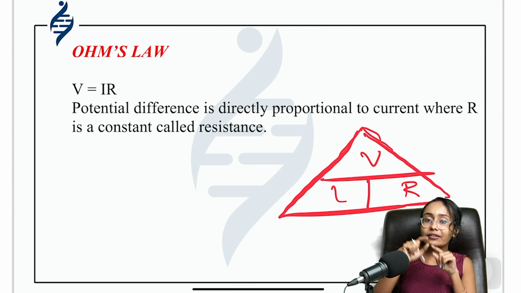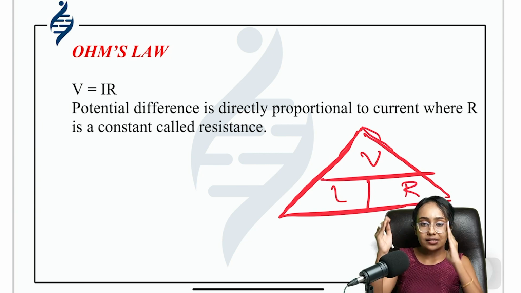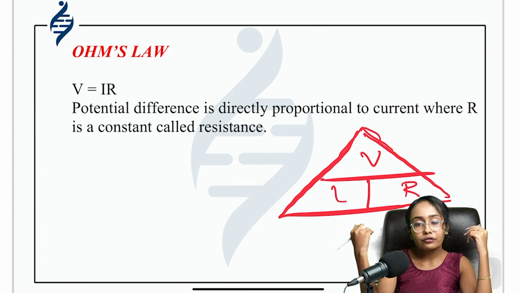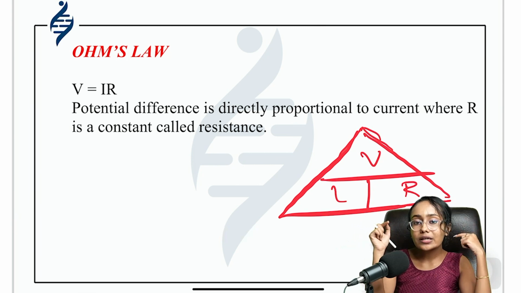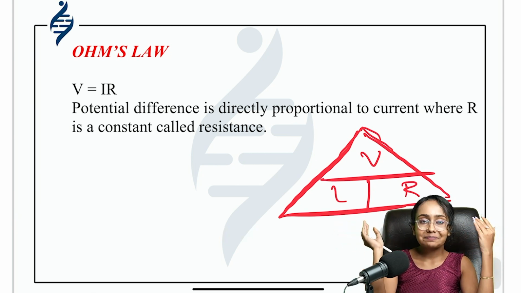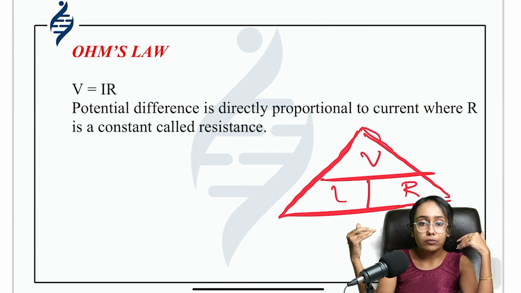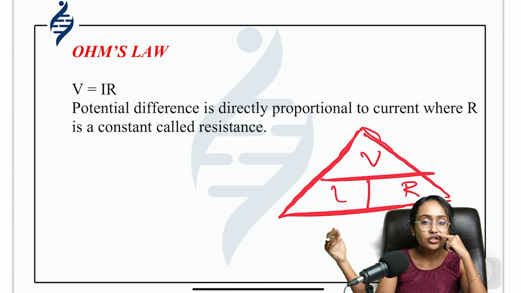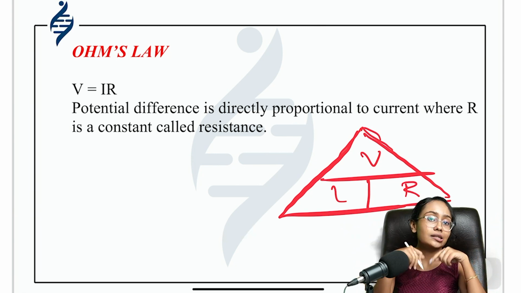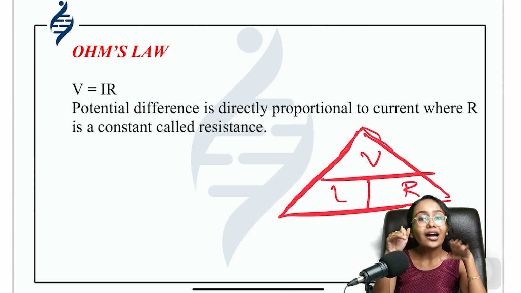A triangle having 3 letters, V, I, R, and V equals IR, I equals V by R, R equals V by I. This triangle is always there in my mind. Even after years, whenever I approach a problem having V, the voltage or potential difference, or the current or the resistance, what comes to my mind very fast is this triangle having VIR.